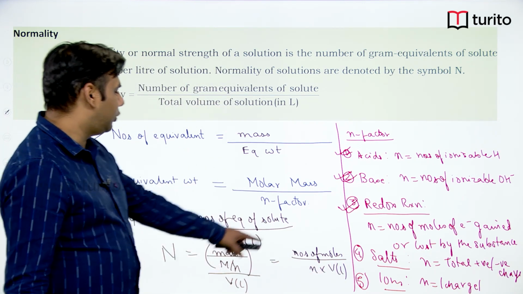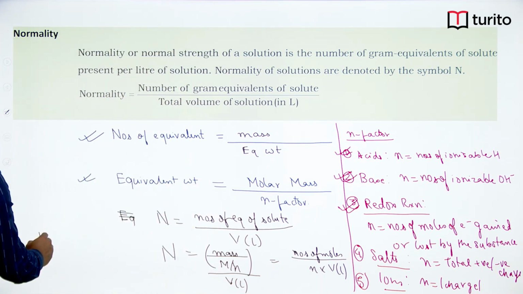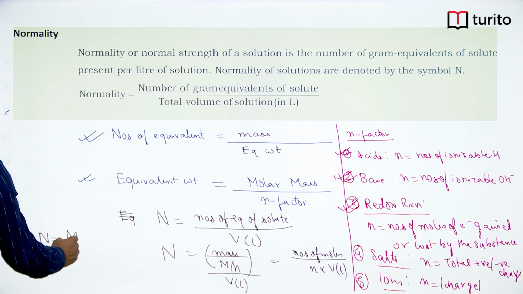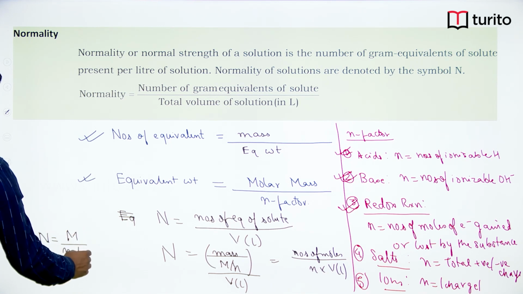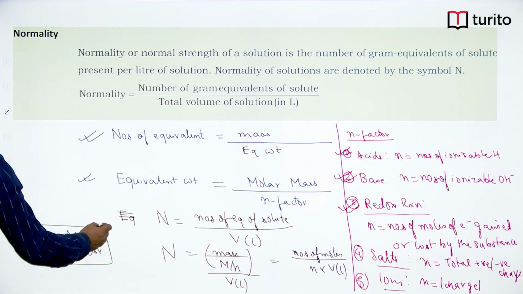Number of moles upon volume of solution in liters is molarity. So I can write normality will be equal to molarity upon N factor. Okay, so molarity is normality into N factor.